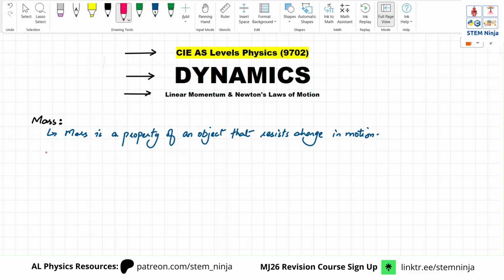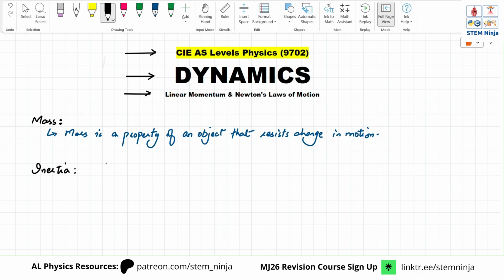Now, you might think that this is very reminiscent and very similar to the definition of inertia. That inertia is also the property of a matter that describes the resistance to change in motion. But yes, actually, mass is the measure of a body's inertia.